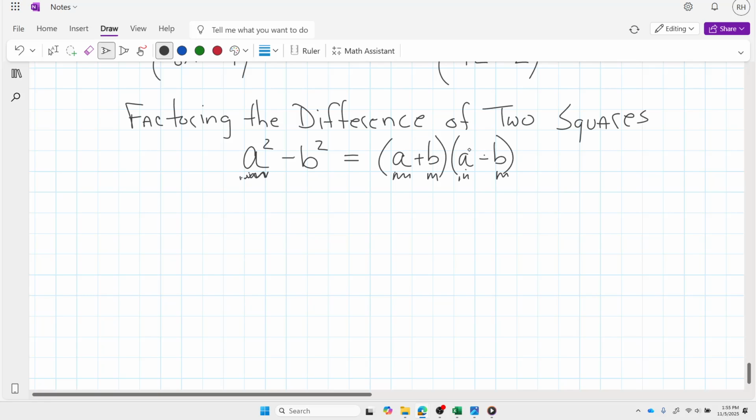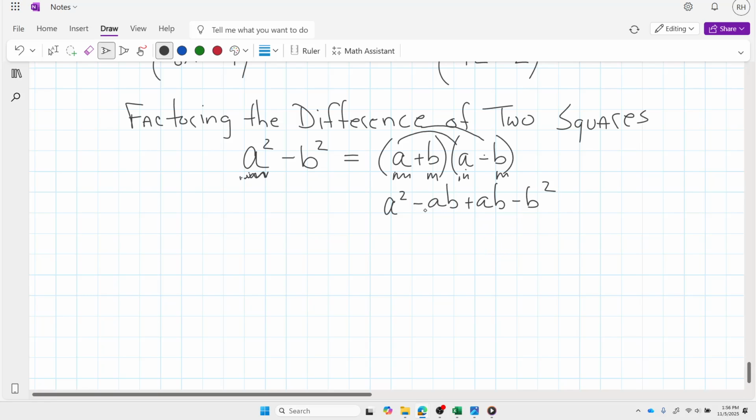Because when you did the distributive property, a times a would be a squared, and a times negative b would be negative ab. B times a would be positive ab, and b times negative b would be negative b squared.